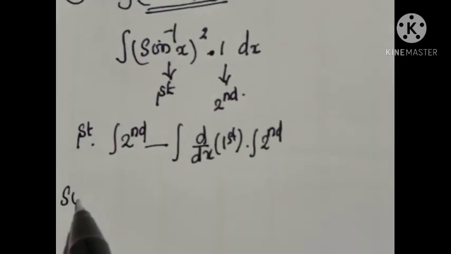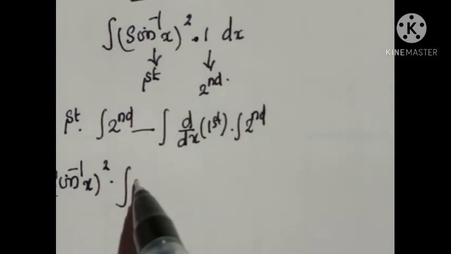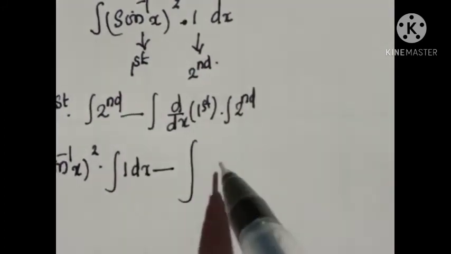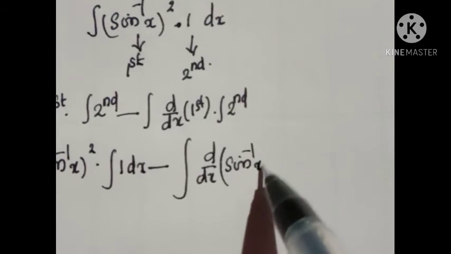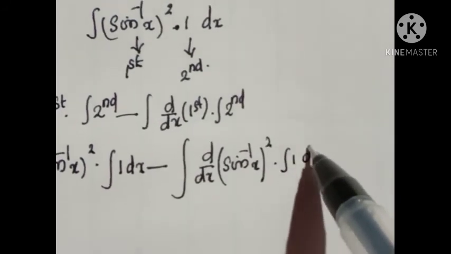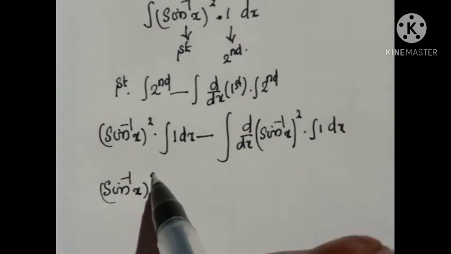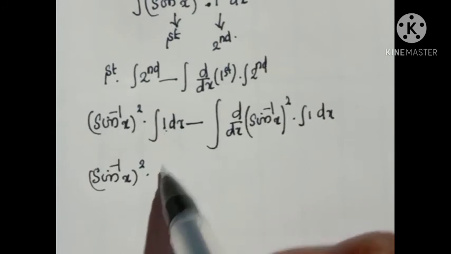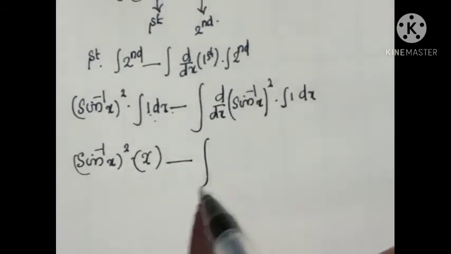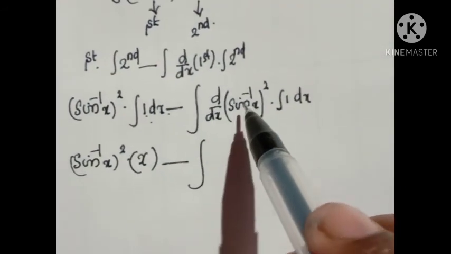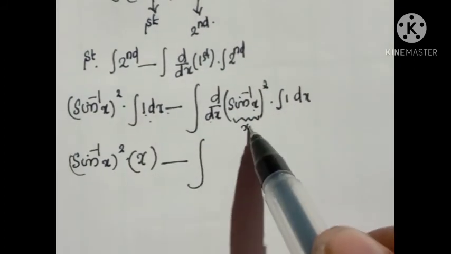So first, (sin⁻¹x)², into integral of second, that is 1 with respect to x, that is x, minus integral of derivative of (sin⁻¹x)². Suppose it is x.